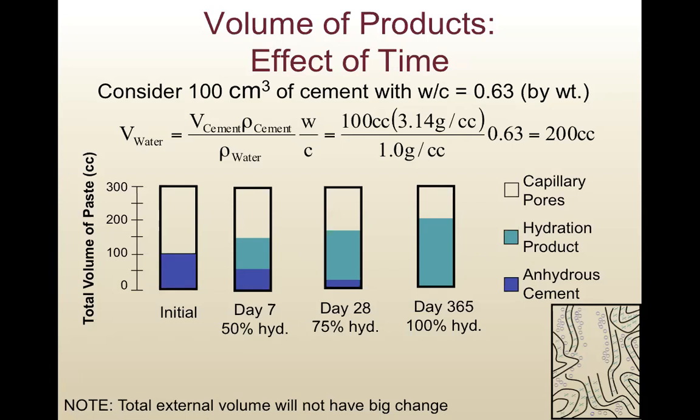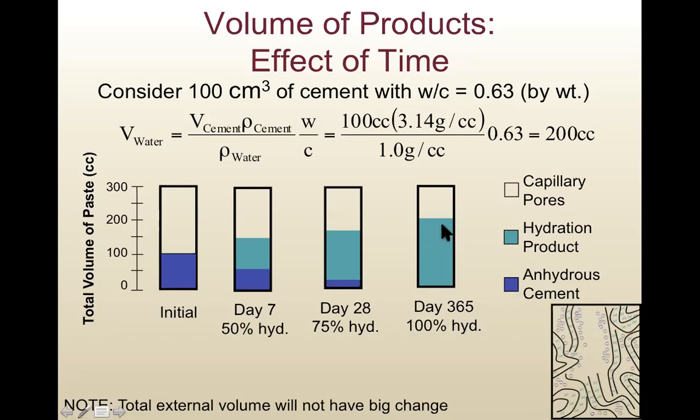Keep in mind, after 28 days, let's say we have 75% of cement grain hydrated, and we have more hydration product, less water, less pores, and less unhydrated cement. After 1 year, all the cement grain is consumed.